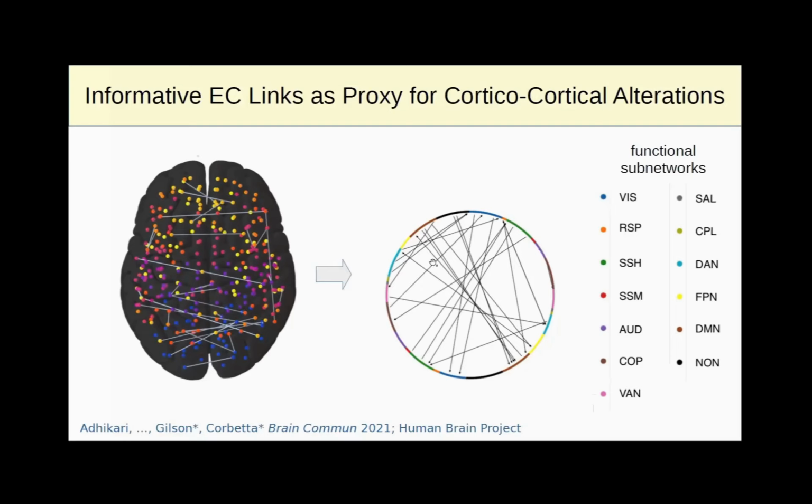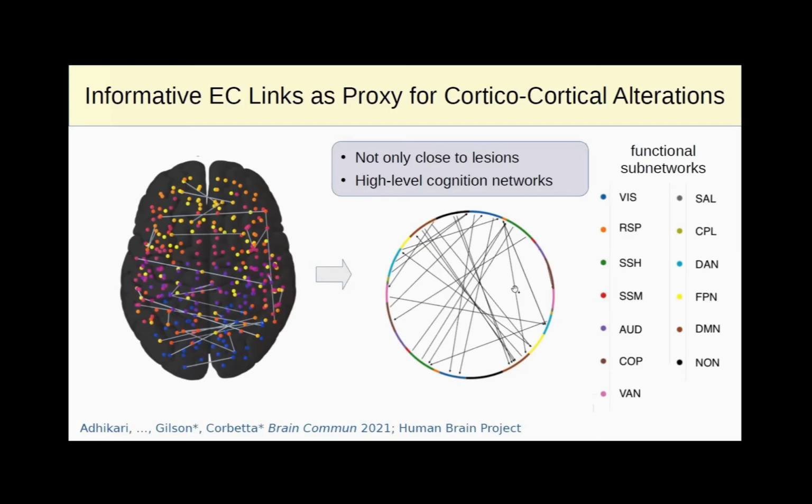And when we plot them in this kind of circular graph, where you have different subnetworks like the visual, the somatosensory, the auditory, the default mode network, or the dorsal attention network. So in this circle, these links that cross the circle correspond to interhemispheric connection. And so you can see these connections here.